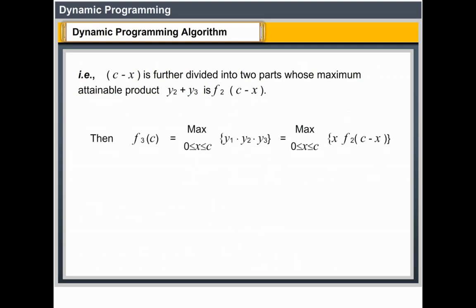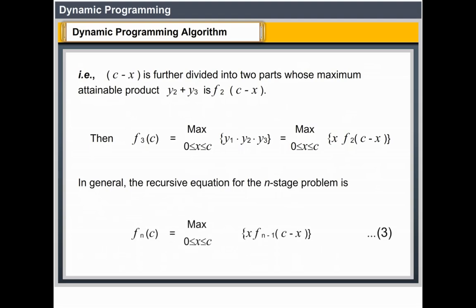Then, f3(c) = maximum for 0 ≤ x ≤ c of y1 y2 y3 = maximum for 0 ≤ x ≤ c of x into f2(c minus x). In general, the recursive equation for the n stage problem is fn(c) = maximum for 0 ≤ x ≤ c of x into fn minus 1(c minus x), is called equation number 3.